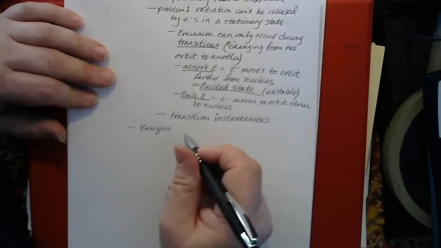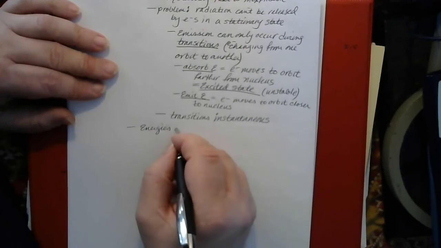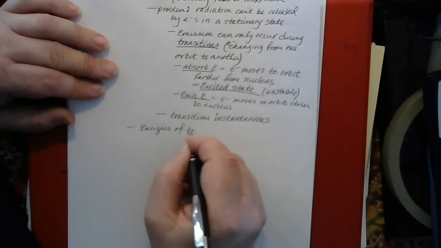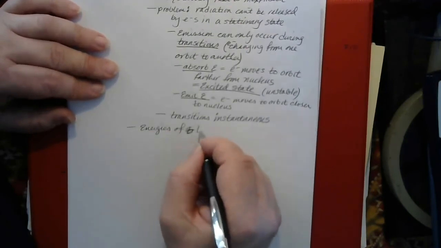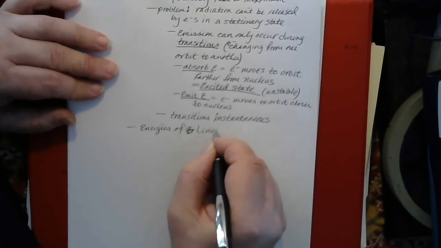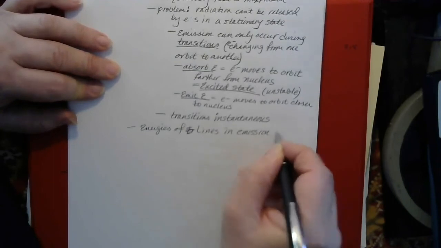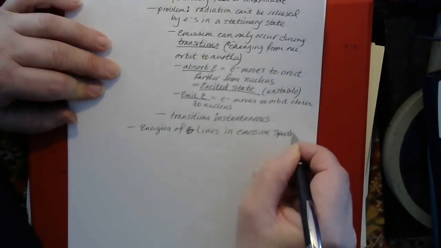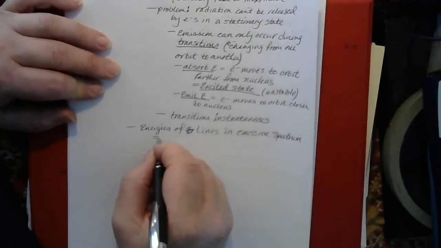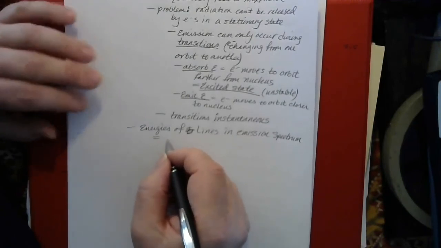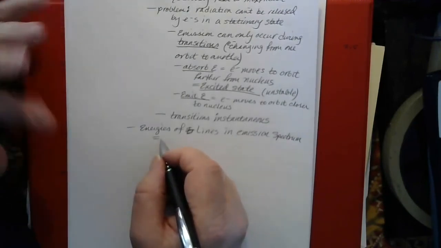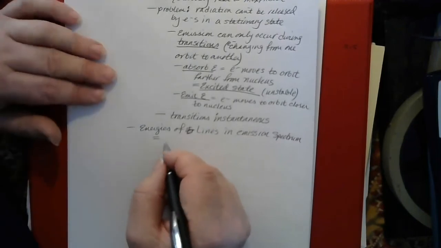And the energies of the lines in the emission spectrum, rather, are equal to the difference in energies between the states or orbits involved in the transition.